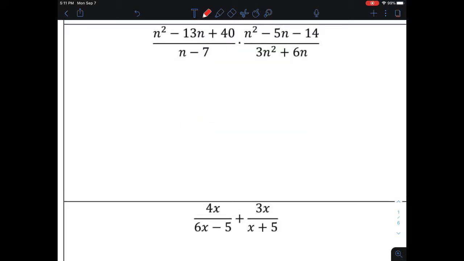Okay, now let's look at a problem where we are looking to multiply two fractions together. Now, before you jump right into multiplication, it's often helpful to try to factor both of these fractions here, and then hopefully some things will cancel as we start performing the operation. So step 1, factor and rewrite your problem.